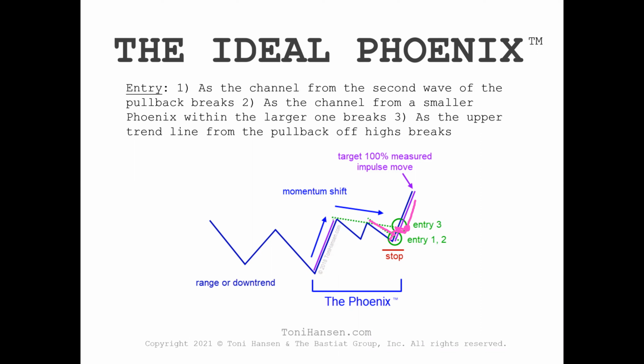The least ideal entry is to take the channel break of the entire two-wave correction. That might be what you have to do if there's a ton of overlap here and there's not really a substantial difference between your prices. But ideally, you want to drop down to the smaller time frame so that you're getting into it at a better level.